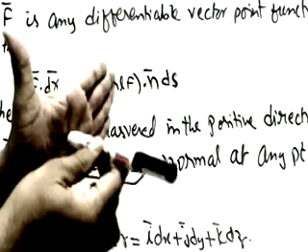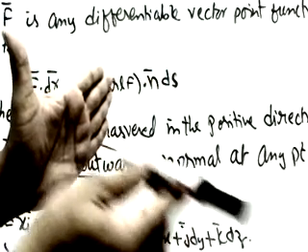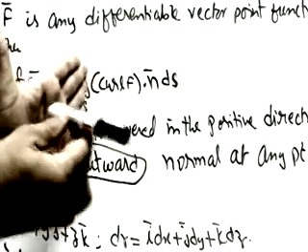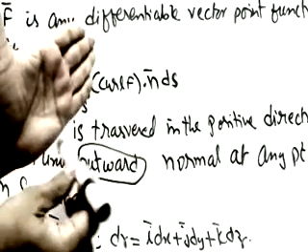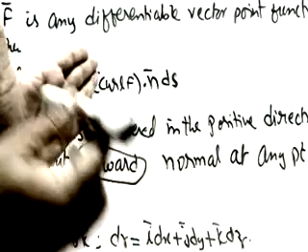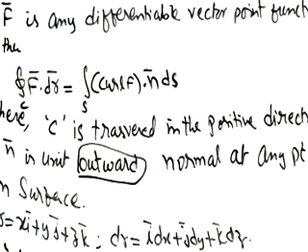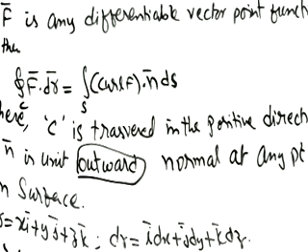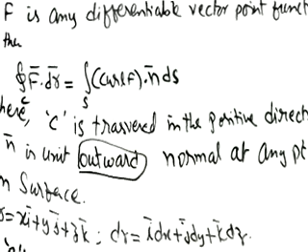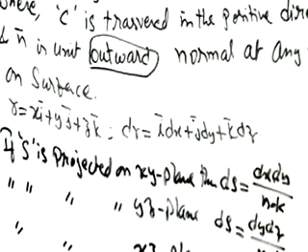Suppose this is the surface. If we take the outward direction, we take plus. If we take the inward direction, we take minus. So n is a unit vector normal to the surface in the outward direction.